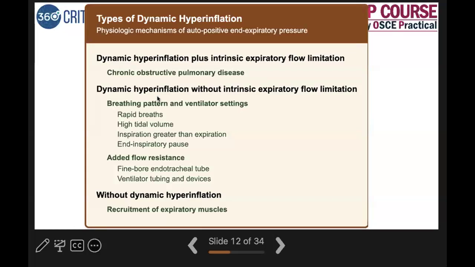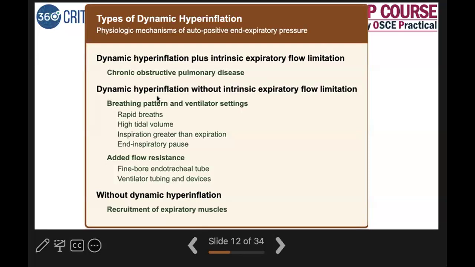Usually we don't, but this is one of the causes when the inspiration is greater than the expiration, or there is an end expiratory pause because of a valvular problem, or there is a mechanical ventilator issue or a circuit issue. Because of all these mechanical and ventilatory reasons, the patient can end up in dynamic hyperinflation without any intrinsic expiratory flow limitation.